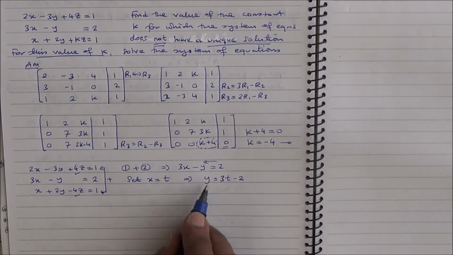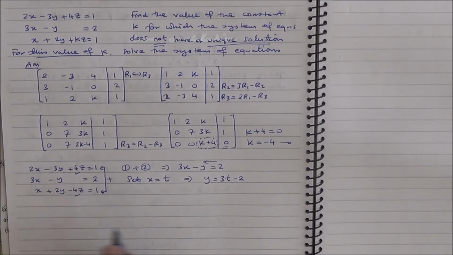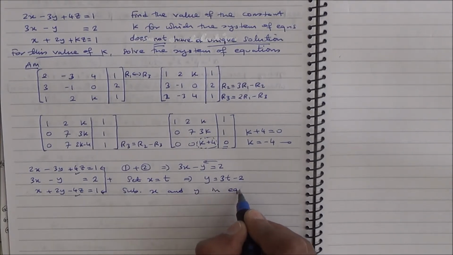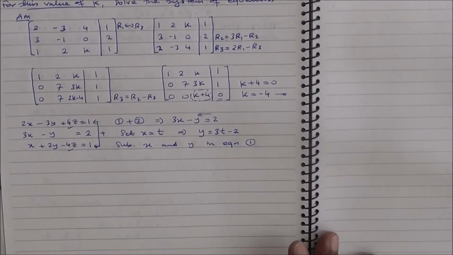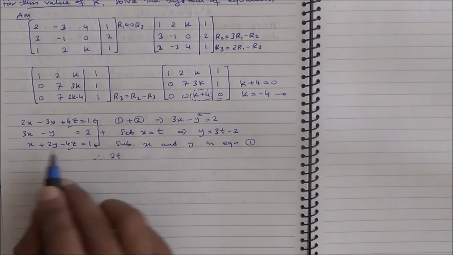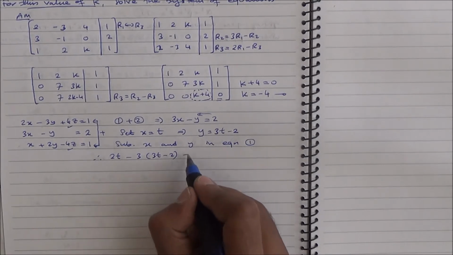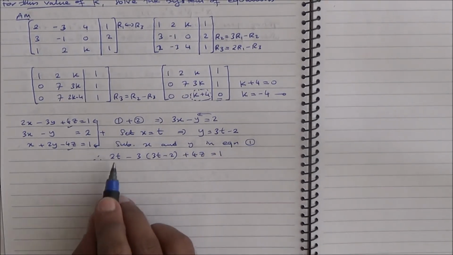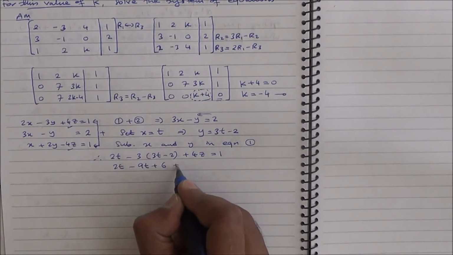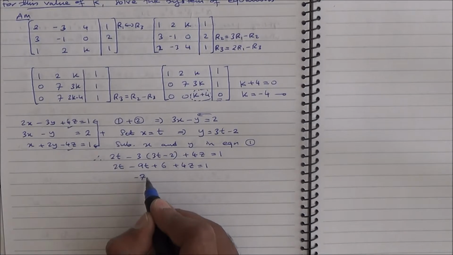Then I can take y and x, these two, and substitute them in the first equation. Substituting x and y in equation 1: 2t minus 3 times (3t minus 2) plus 4z is equal to 1. 2t minus 9t plus 6 plus 4z is equal to 1. 2t minus 9t is minus 7t.